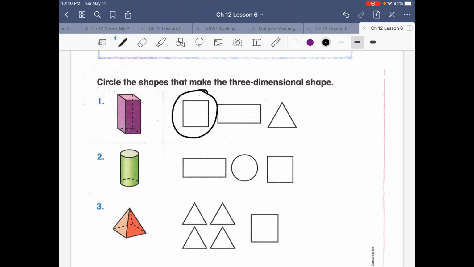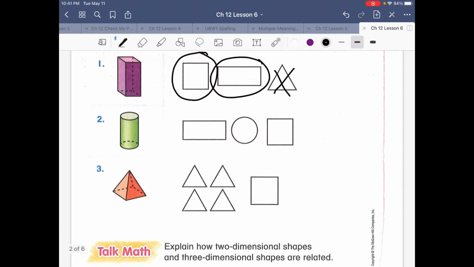Does it have a rectangle as a face? It does: the front and the back, the left side and the right side. Do you see any triangles in the rectangular prism? I do not. I'm going to cross that one off.